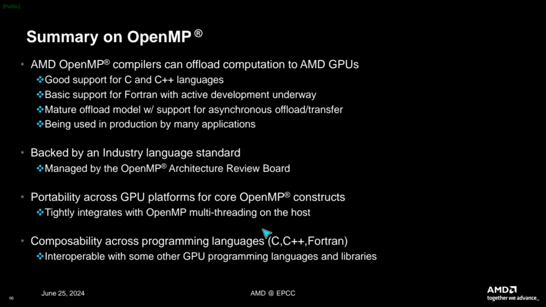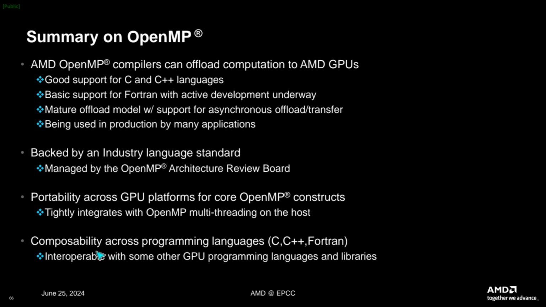Now, compilers are still implementing some of the more recent features in the standard, and there's a little bit of variation across compilers. But it is all moving towards a consistent implementation across vendors, across compilers, and it really is a good choice for many, many applications.